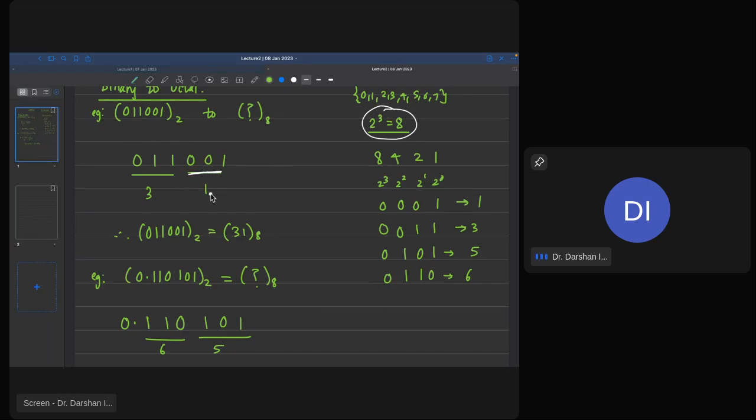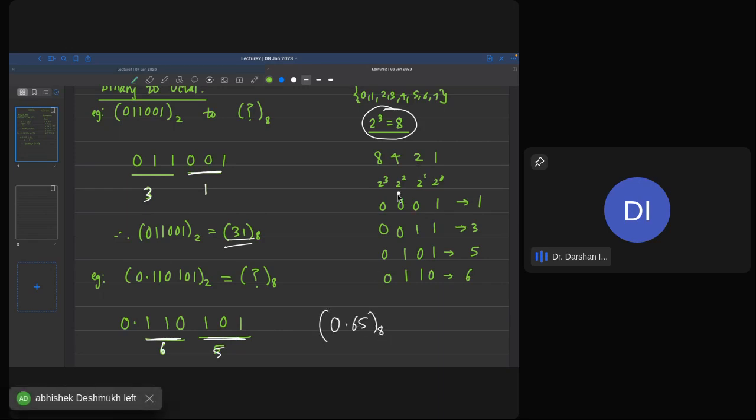What is this number? 001. 001 is 1, so this is converted as 1. 011 is coded as 3. So it became 31. Here when you group it into 3, 101 is coded as 5 and 110 is coded as 6. So the number is 0.65 to the base 8.